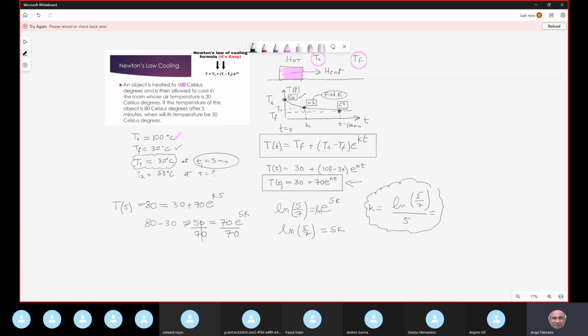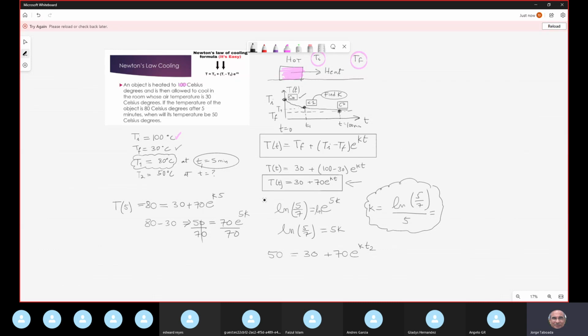The temperature in this case is 50. This is the temperature at any time, at the time I need to find. It is equal to 30 plus 70 e to the kt. I need to find t, which is t2, time 2, for condition 2.